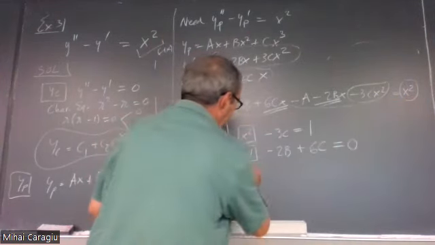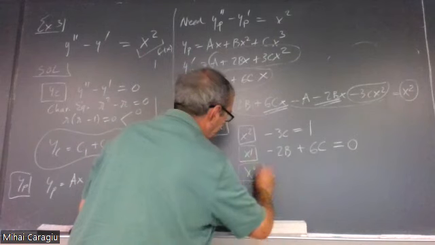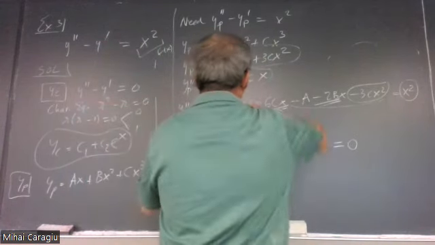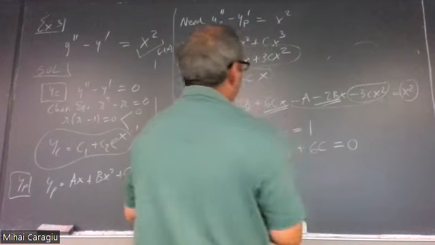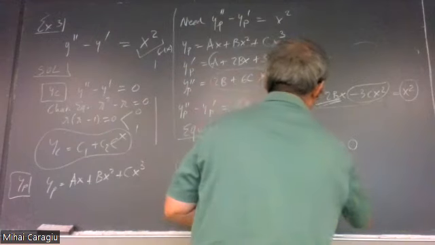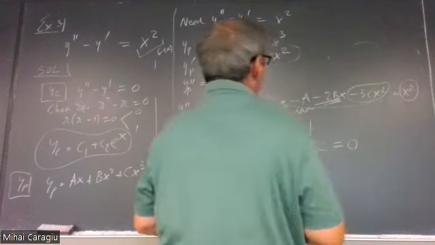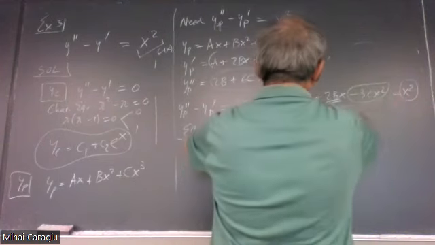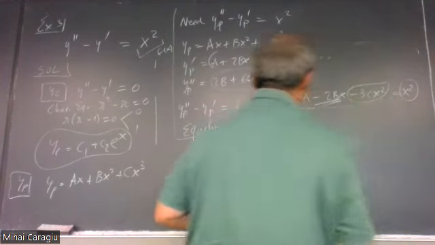And let's equalize the free coefficient, x to the power 0, to the left and the right. To the left is 2b minus a. There is no other free coefficient on the left. So 2b minus a equals 0.